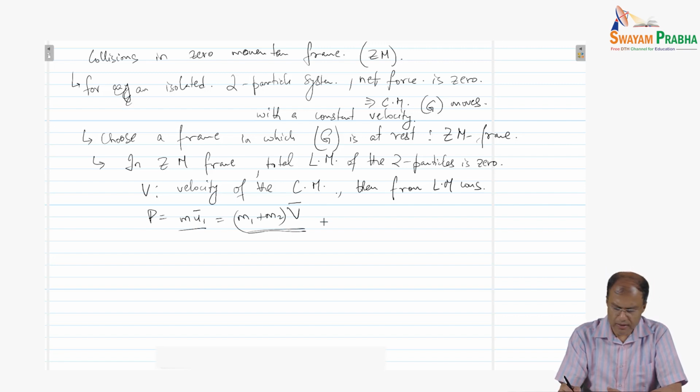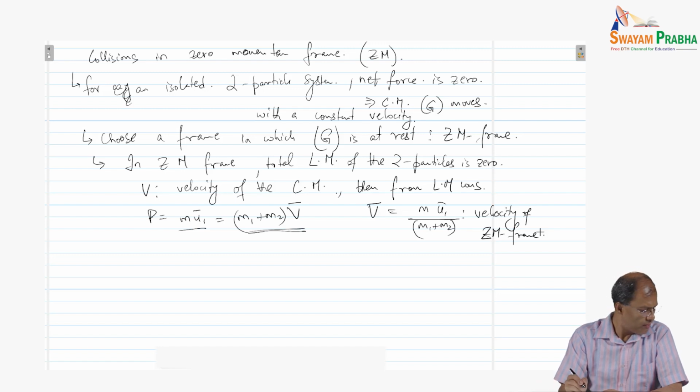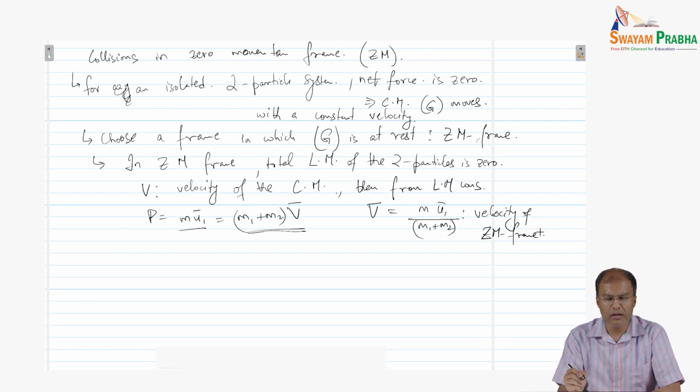So we see that the velocity of the center of mass is m times u1 divided by m1 plus m2. Okay, and this is the velocity of the center of mass frame.